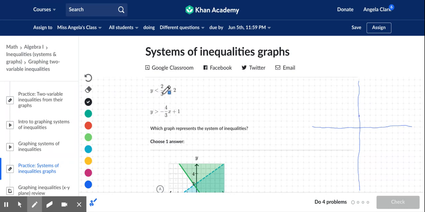Remember, rise over run. So we go up 2, right 3 to our next point, and so on. To graph the other direction, we just do the exact opposite, so it's going to be down 2, left 3.